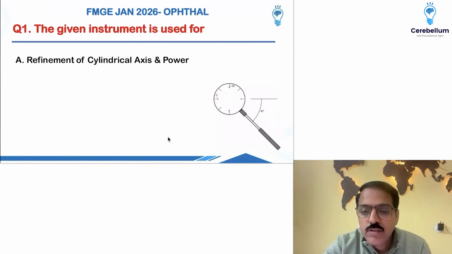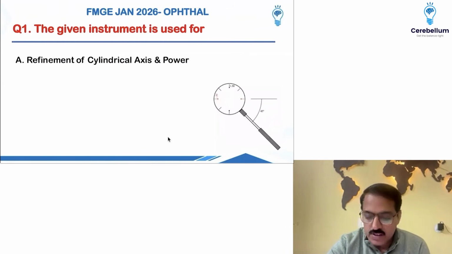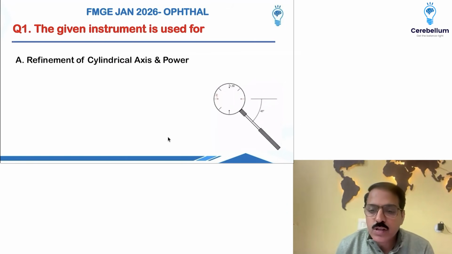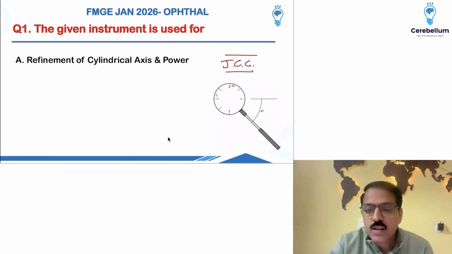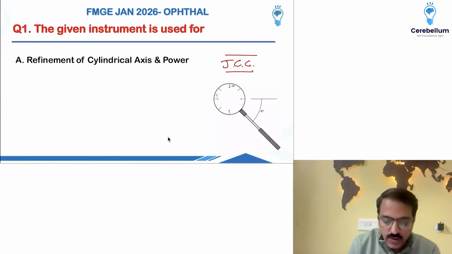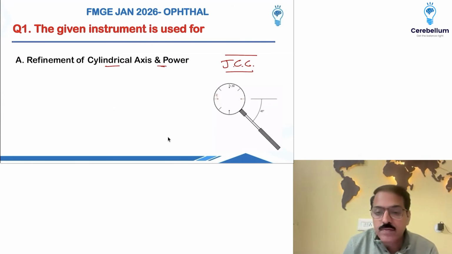So the first question had an image, and they asked what this instrument is used for. This is JCC, Jackson's Cross Cylinder. It is used for refinement of cylindrical axis and power.